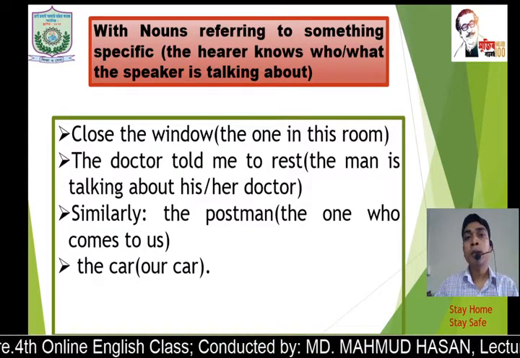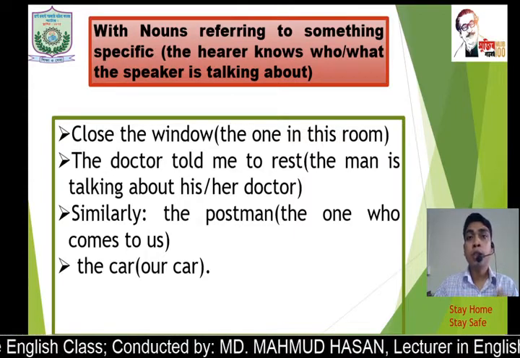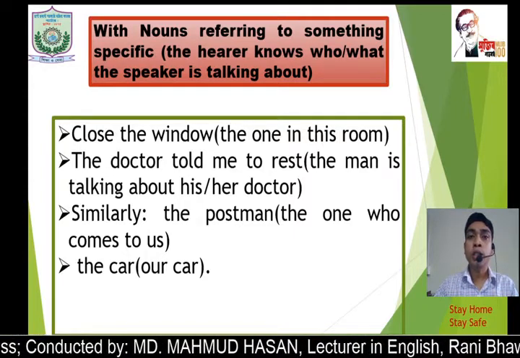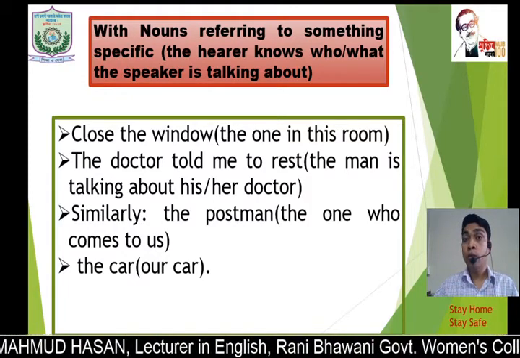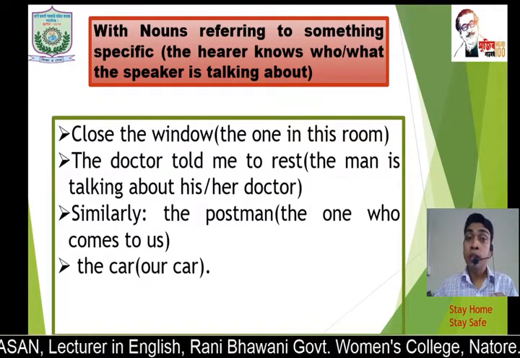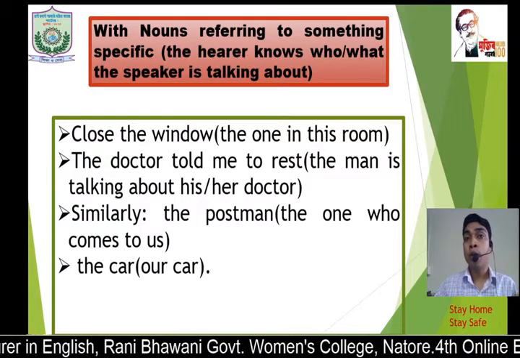The listener and the speaker both know whom is used here, who is the point to discuss.